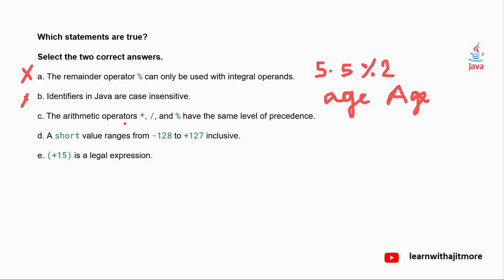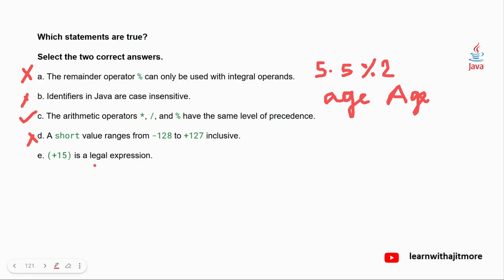The arithmetic operators star, div, and modulo have the same level of precedence. Yes, they all three have the same level of precedence. And a short value ranges from minus 128 to plus 127? No, this is the range for byte. The range for short is minus 32768 to 32767. Therefore, this is wrong.